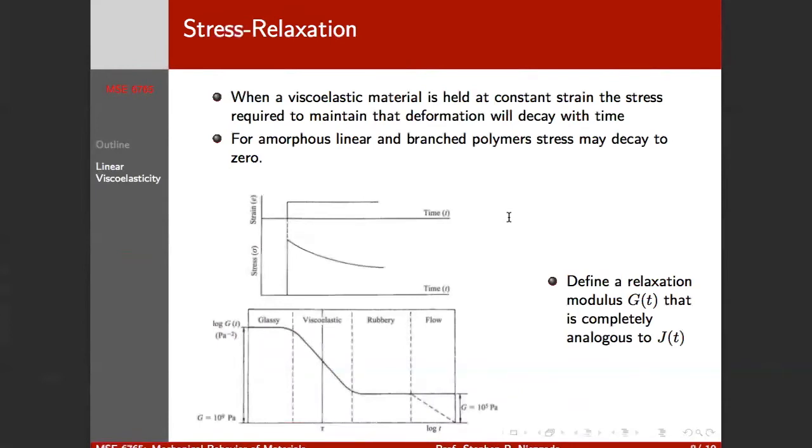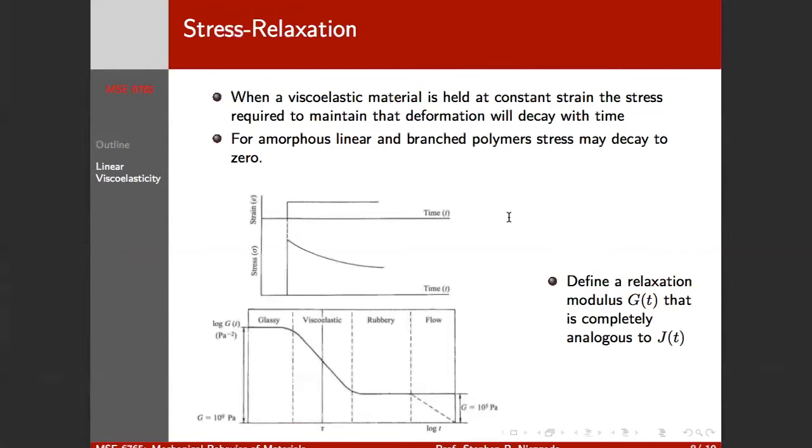The complement to creep is stress relaxation. Here we hold the material at a fixed strain, and we look at how the stress decays with time. So again, we apply a strain. We have an elastic response in stress, and then over time, that stress is going to decay while the strain is held constant.